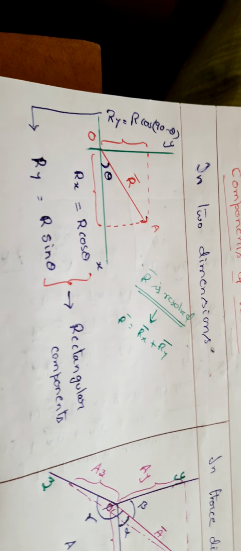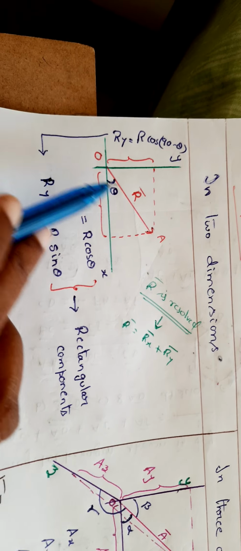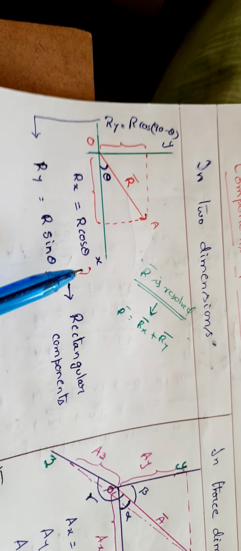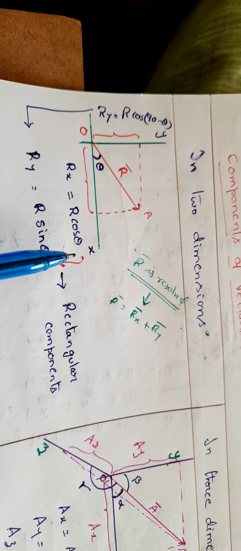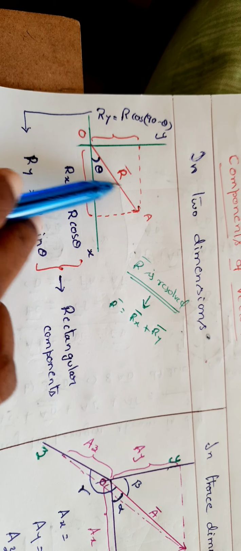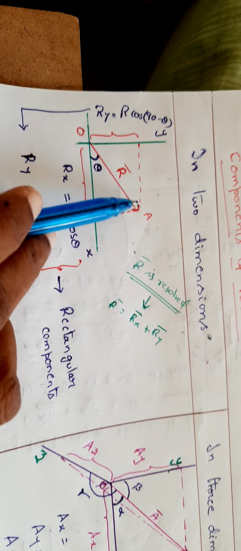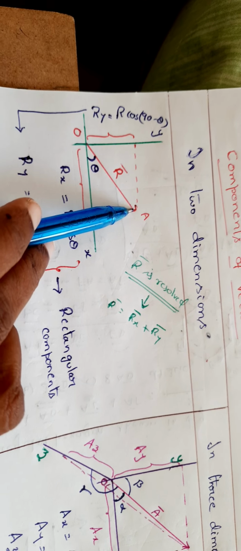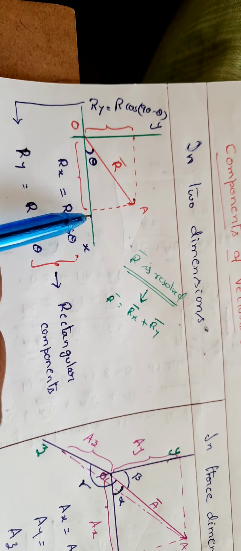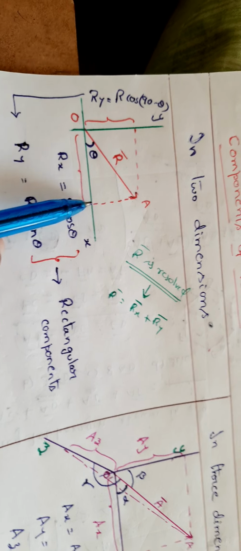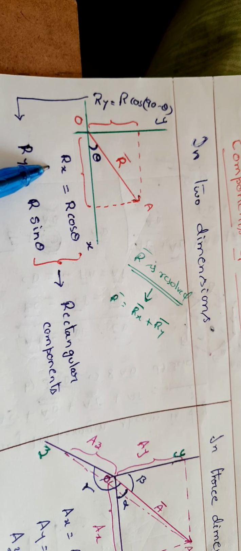So now let us see that there is a vector r bar. This is the vector r bar defined in xy plane. Modulus of r bar is equal to r, is the size of the vector, or rather you can say OA is the size of the vector. Now if you go for the projection of r bar on x-axis, let me name it as rx.